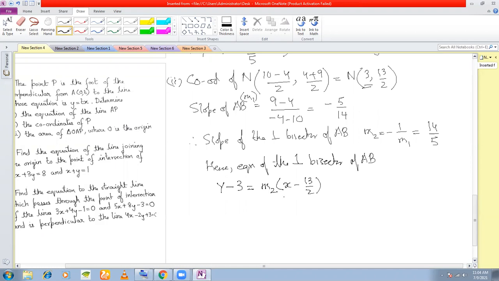X1 is 13 by 2. Put the value of M2 here, 14 by 5 times (X minus 13 by 2). Okay, so that is what you will get. And you can simplify this equation, take the LCM and take everything on one side. This is the required equation of the perpendicular bisector.